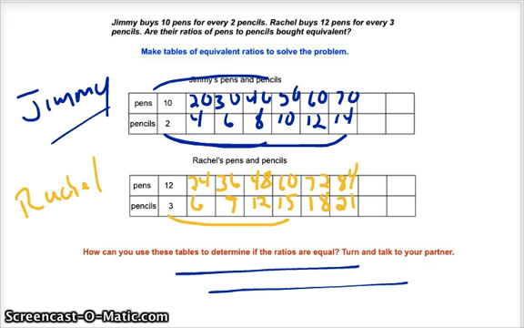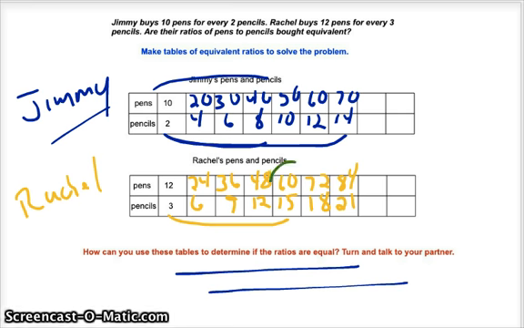So I have ratio tables here for Jimmy and Rachel, and I don't see any equivalent ratios. I'm going to take a look through my tables here and see what I can find. Okay, so up here I'm looking at Jimmy's pens, 10, 20, 30, 40, 50, 60.